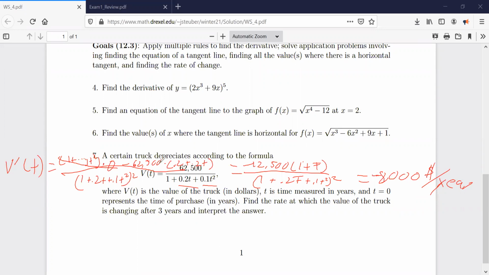So it would probably be better for you to leave it in this form. Just get rid of the 0 because the 0 is useless, and then leave it like that as opposed to simplifying like I did there. But in terms of actually demonstrating what's going on, it's probably a little bit easier.